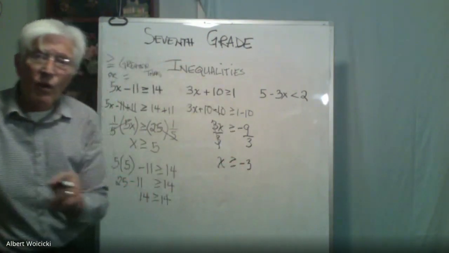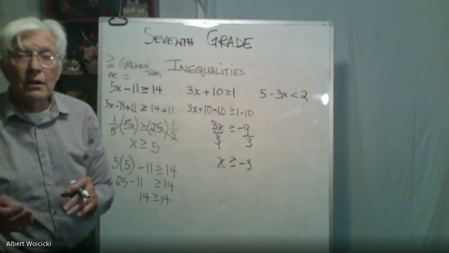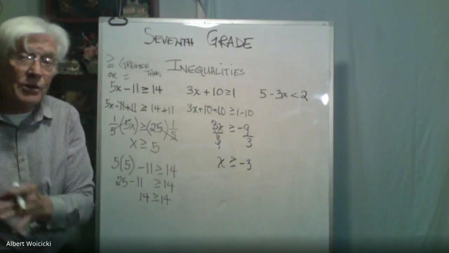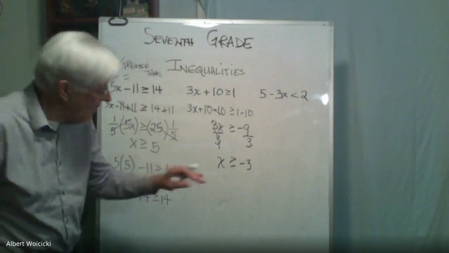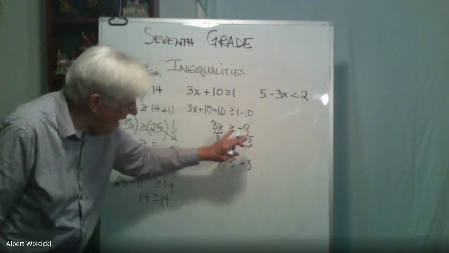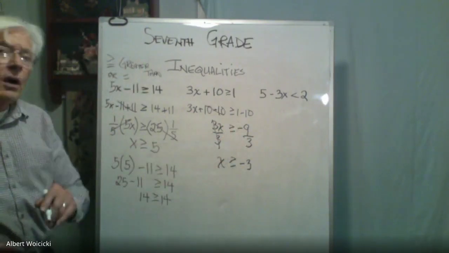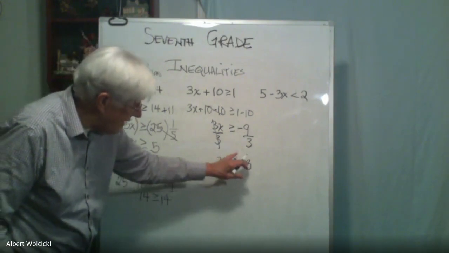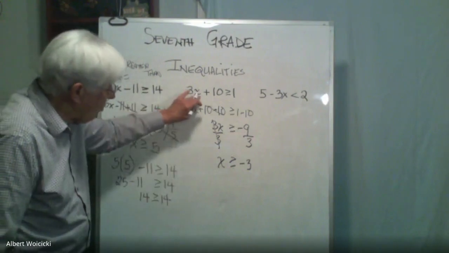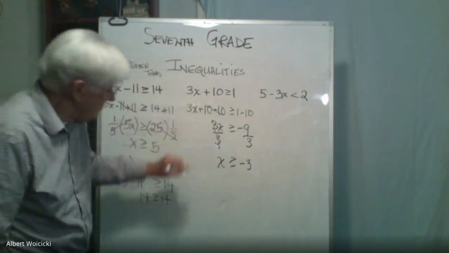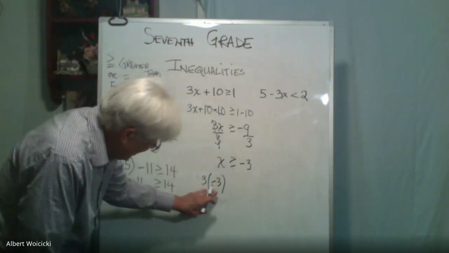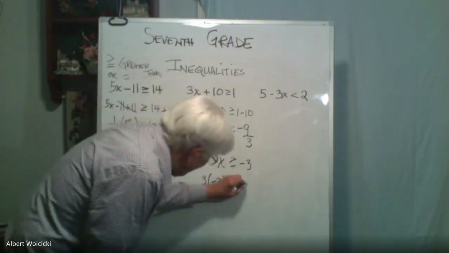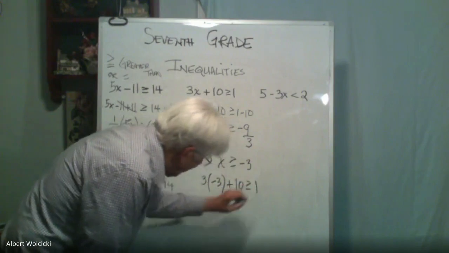Again, we have to know our rules for integers in multiplying, dividing, adding, subtracting. When you divide a negative by a positive, you get a negative. So our answer tells us that x is going to be greater than or equal to negative 3. So we have to put that value in here. So 3 times the opposite of 3 plus 10, the original inequality, is greater than or equal to 1.